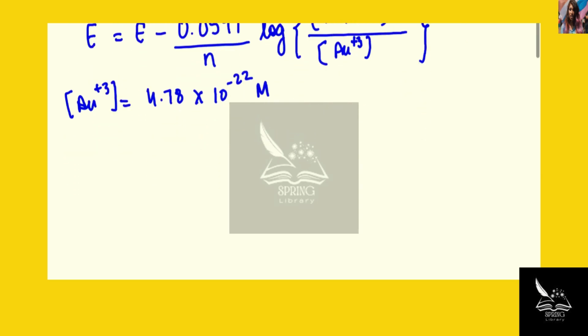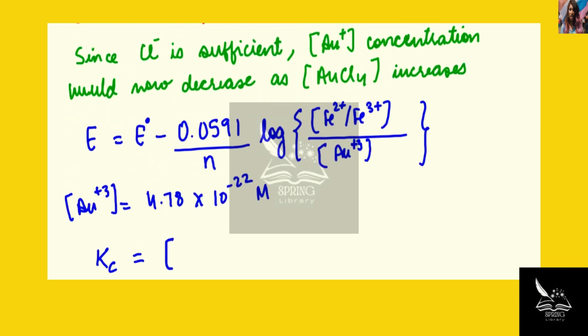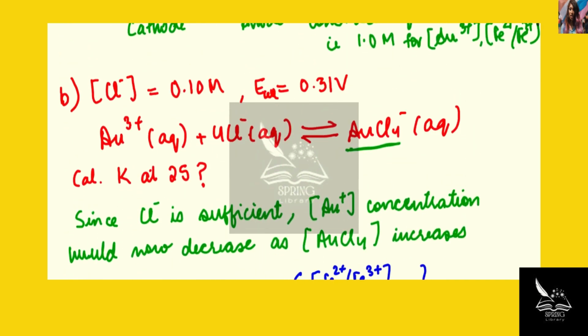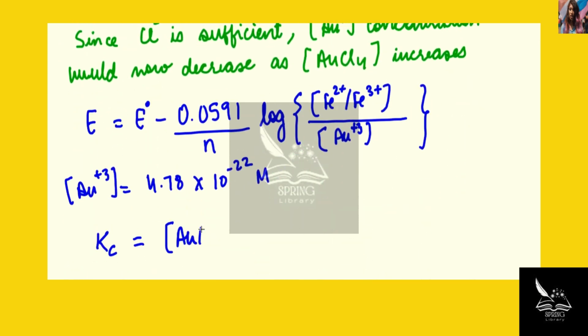Now we have to calculate the formation constant. So Kc is equal to, if you look at this equation, you have AuCl4, so this would be AuCl4 divided by Au3 positive times Cl negative to the power 4.